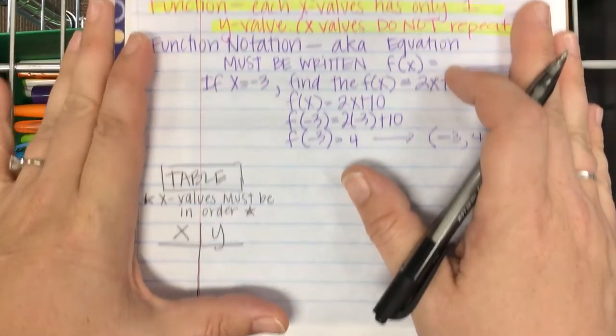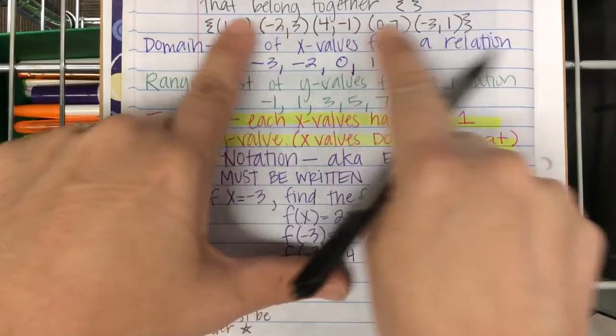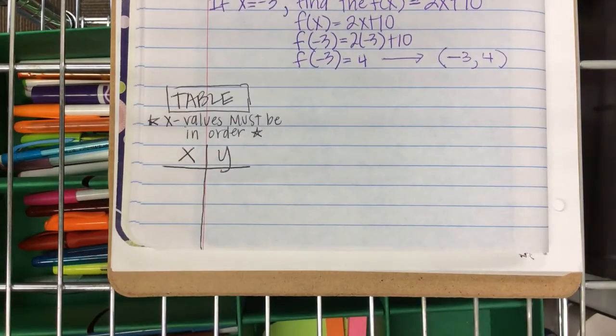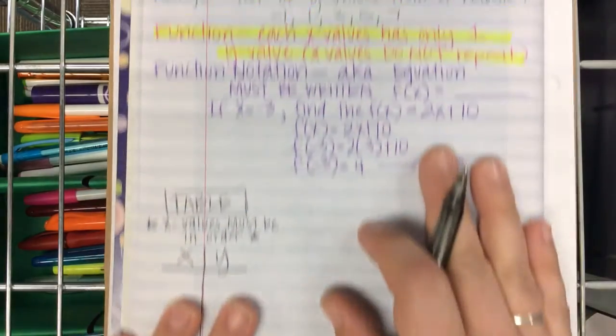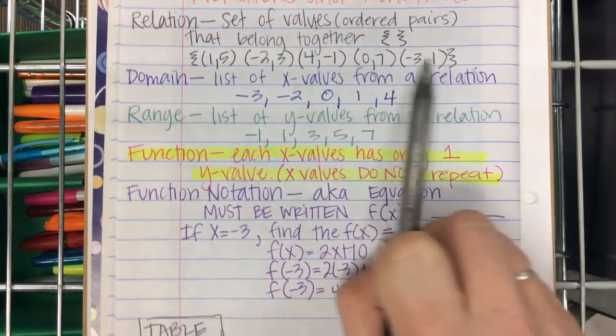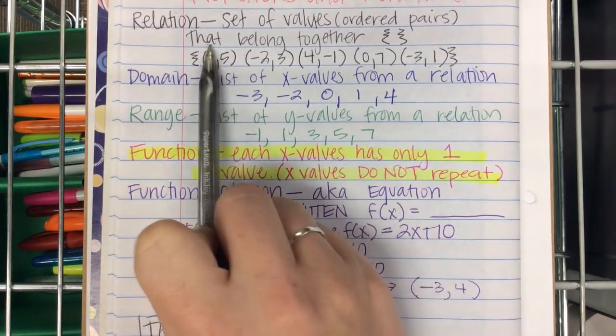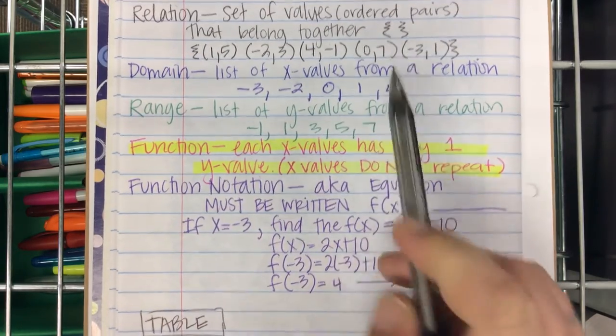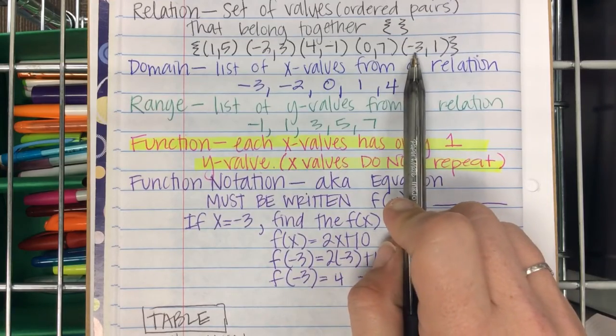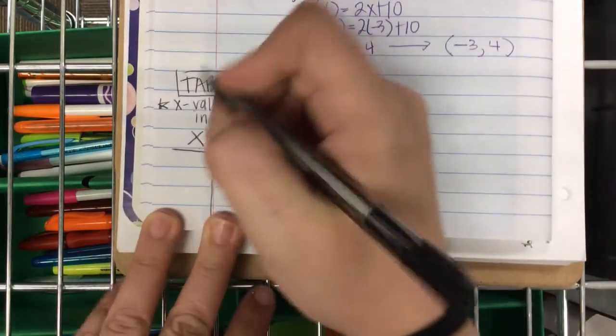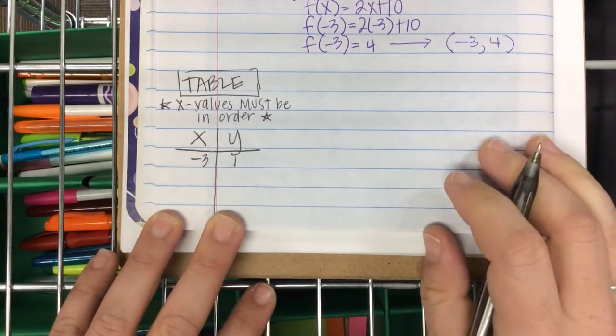So if I'm looking at our first relation up here, I'm making a table out of that relation. What ordered pair is going to go first in that relation written at the top of your notes? Cameron? -3, 1, because that's my first, smallest, least x value. -3, 1.